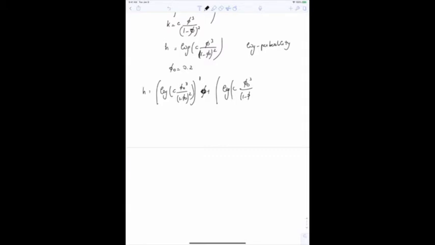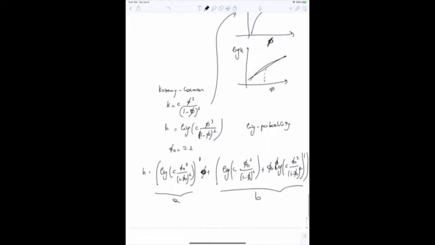So this prime here is the derivative, plus F. Okay, so now this is your coefficient A, and this is your coefficient B. So this is what you have to do in the homework.